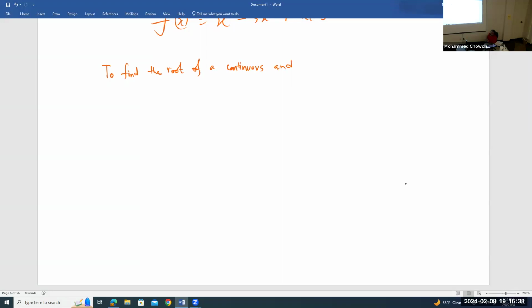Can you see it from the back? Continuous and differentiable function f(x) at point x equal to x0.